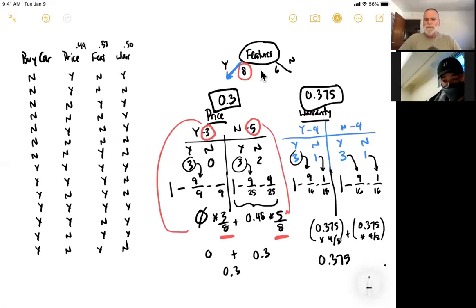So what this is telling us is that price has got a Gini score of 0.3, warranty's got a Gini score of 0.375. So we would then select price as the second layer of nodes for this left side.